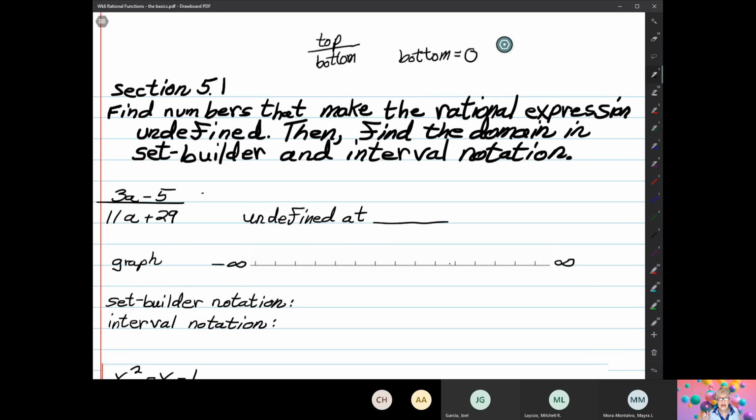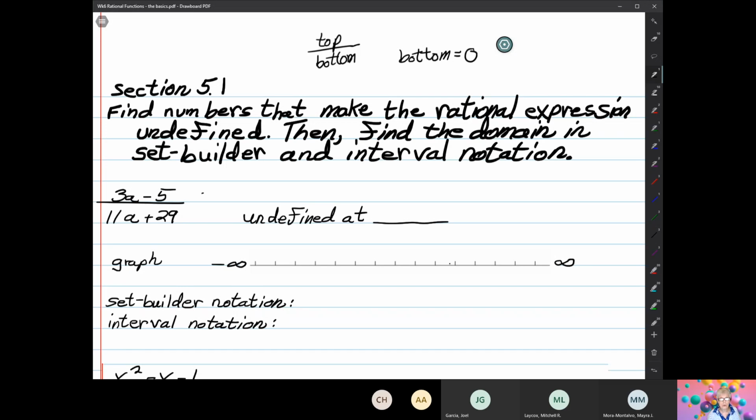X is not allowed to equal whatever that number is. And so, if X is not allowed to equal a number, that means that number is not in the domain. Because the domain is all the numbers X is allowed to equal.